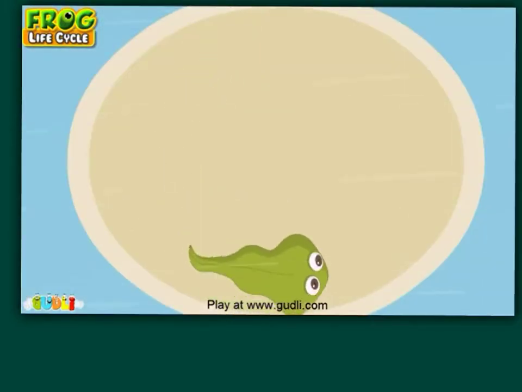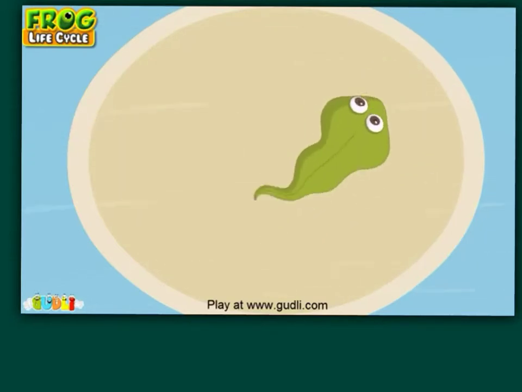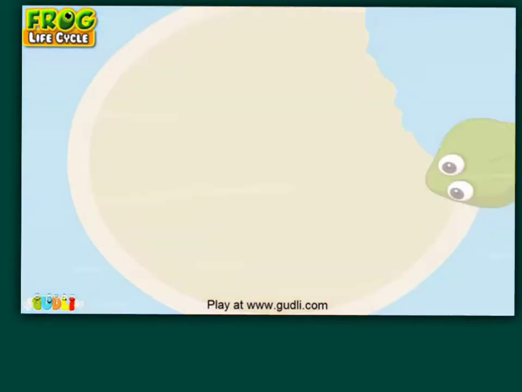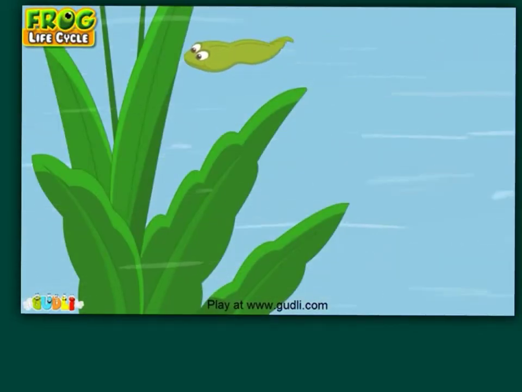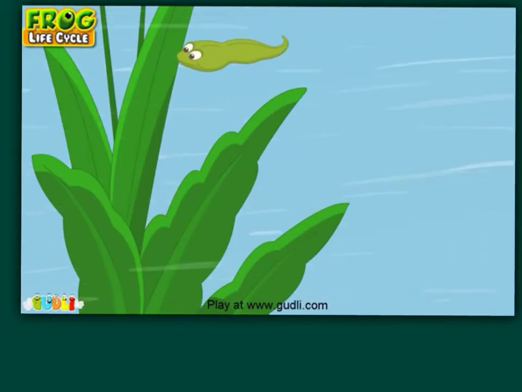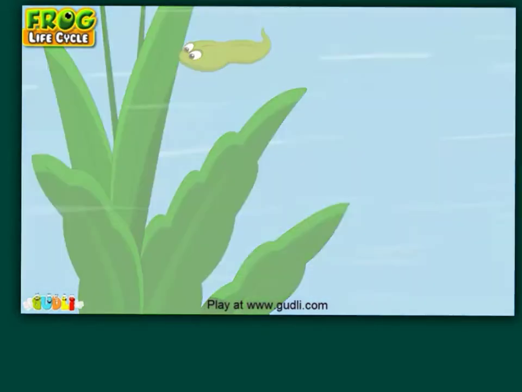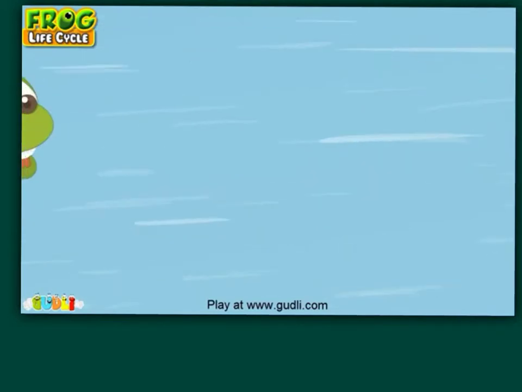They're called tadpoles. Shortly after hatching, the tadpole feeds on the yolk of the egg. After a few days, the tadpole can swim around and eat algae. It gradually develops teeth, which help it.